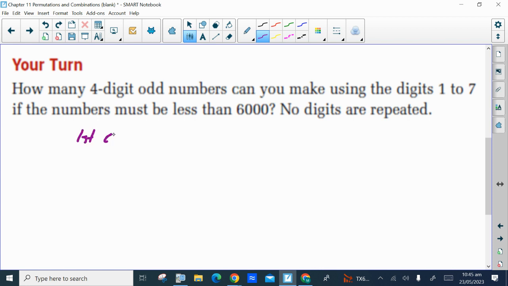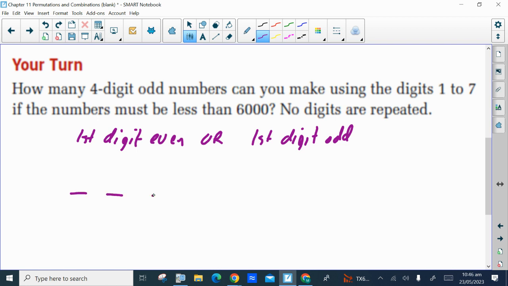The first digit can be even, which won't affect the number of choices for the last digit, or the first digit could be odd, which will affect the choices for the last digit. Again, the word or means to add.